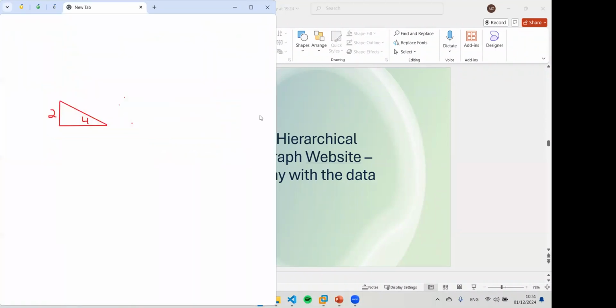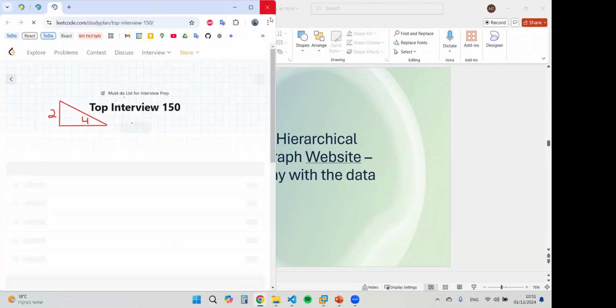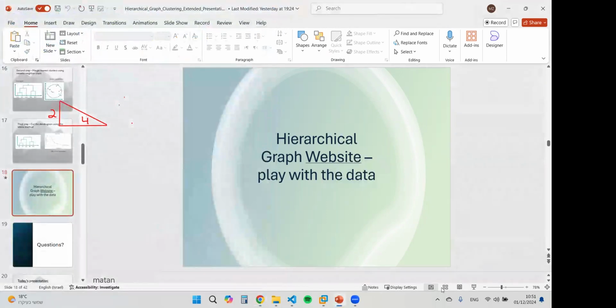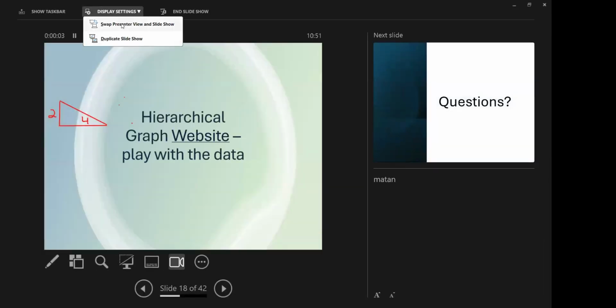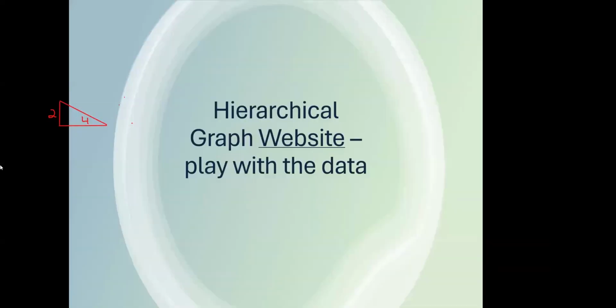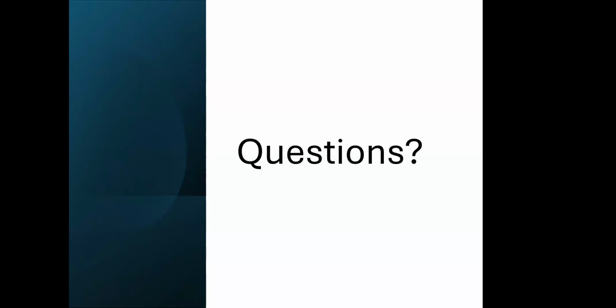We can still see the triangle. Yeah, you can see well. Hadar, you see the presentation, everything fine? Yeah. Okay. Any more questions?